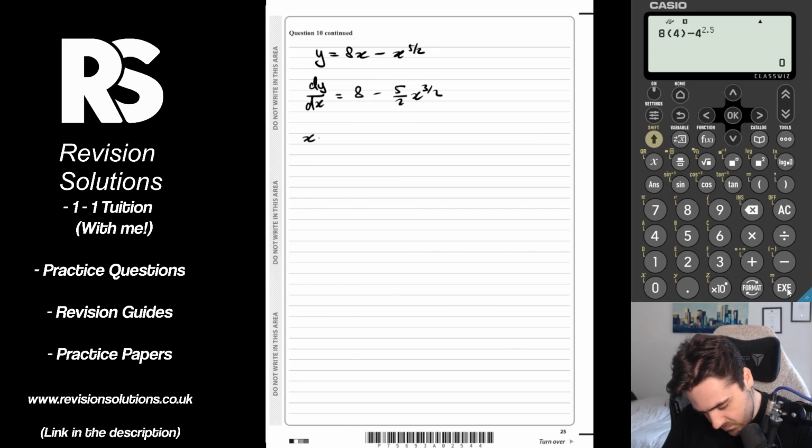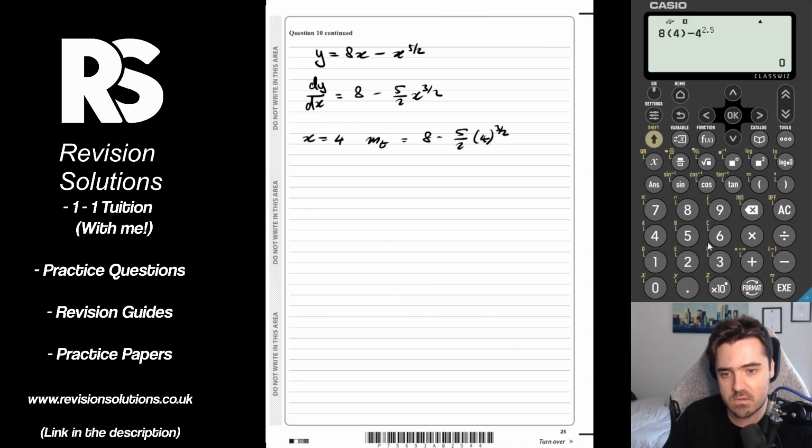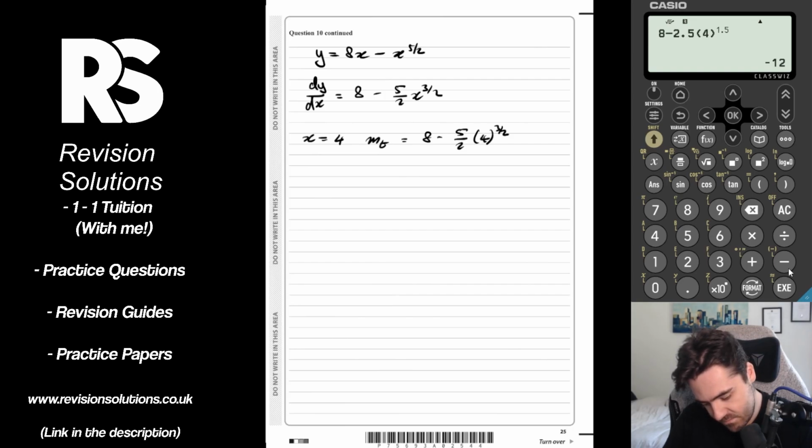So when x equals 4, the gradient of our tangent is going to be 8 minus 5 over 2 times 4 to the 3 over 2. Using our calculator again, 8 minus 2.5, then 4 all to the power of 1.5 is minus 12.